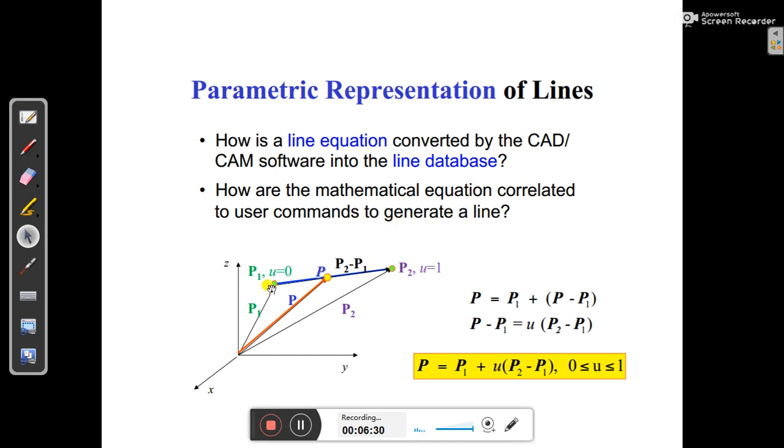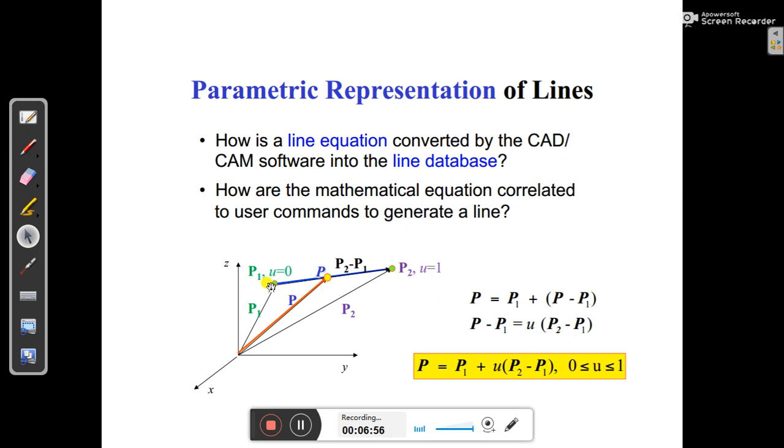Here you can see P1 at u equal to 0, which means the equation of the line depends upon the value of u. From 0 to 1, the value of P varies. Any point P on the line will be P1 plus mu times P2 minus P1.